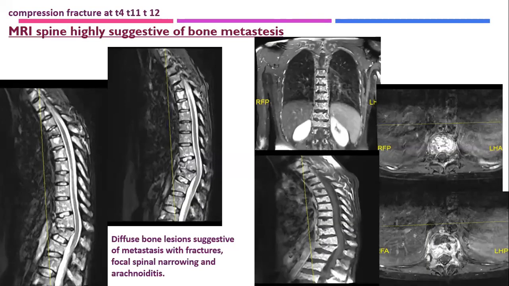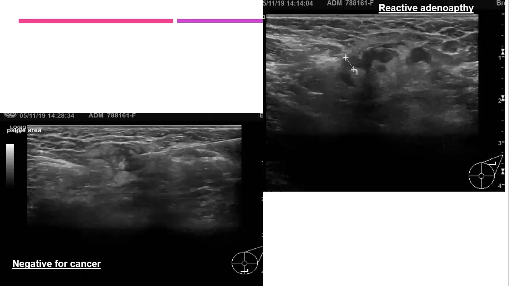Because of the collapsed vertebra, they recommended an MRI for her, which demonstrated typical appearance of metastatic disease along with some cord compression due to the collapsed vertebra and kyphus formation.